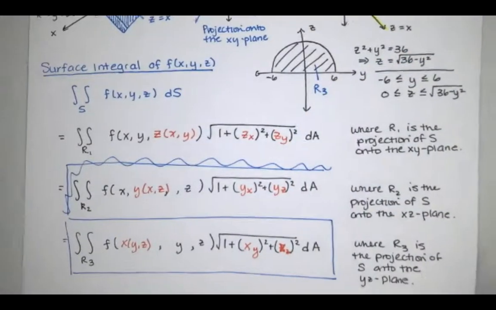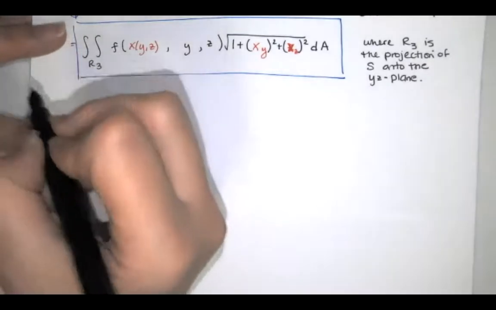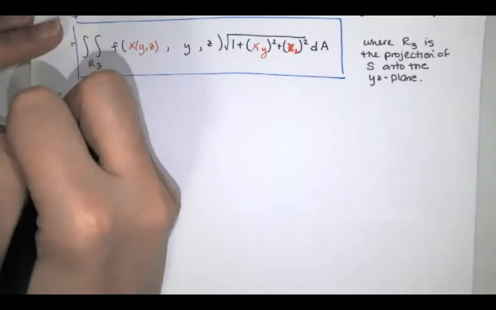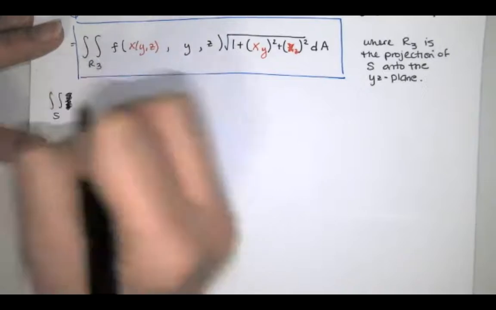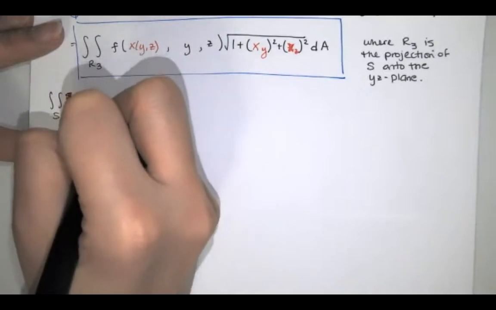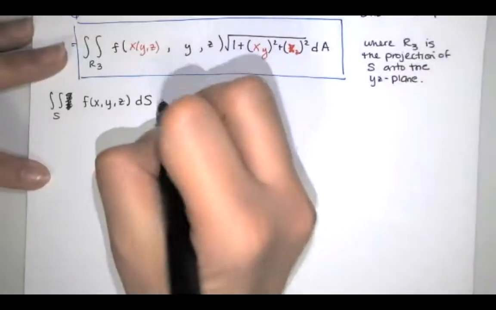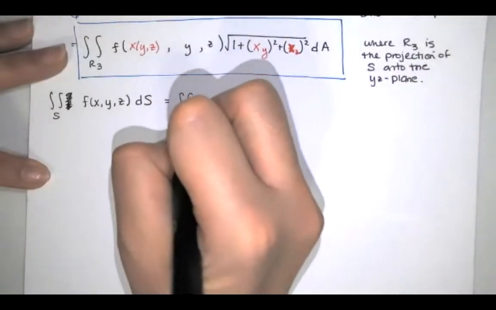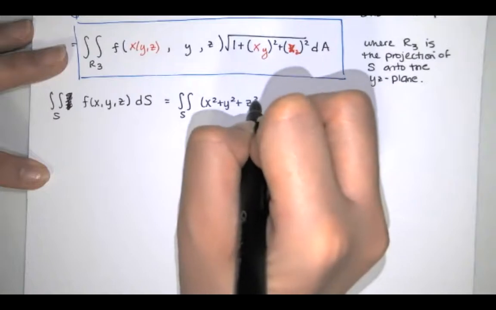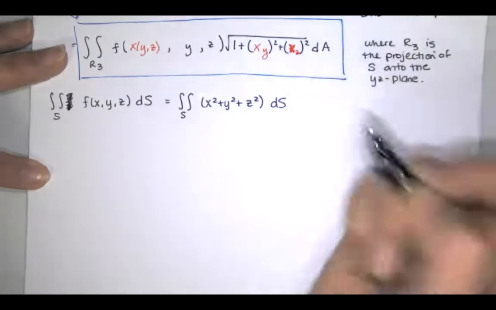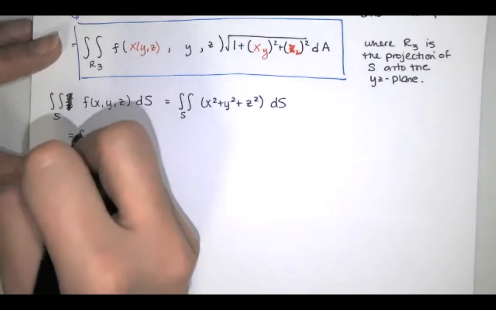So let's do it. Oops, it's not a triple integral, it's a double integral. This is a double integral over S of x squared plus y squared plus z squared dS. And basically we need three things. We need a description of the region R that we're integrating over.